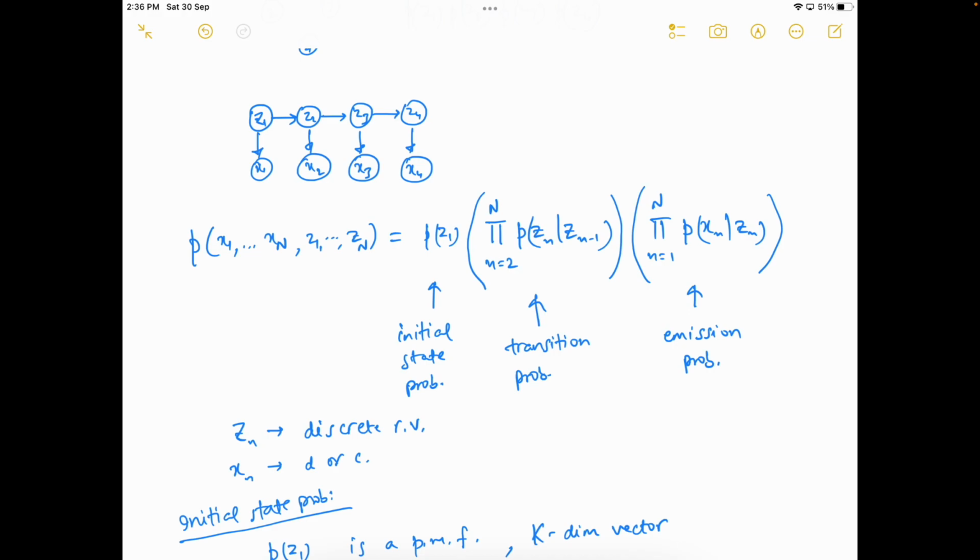If we have a system with finite states or finite bins that we have created, for example, seasons. There are 4 seasons. My latent variable is the season, and my observed variable could be temperature.